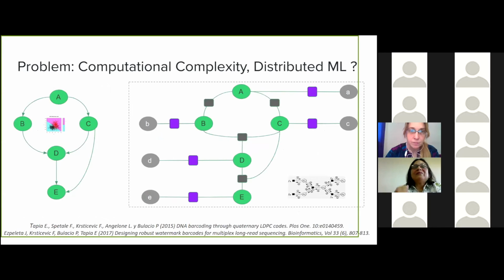Yes, the message passing algorithm in fact behaves well because it is used in telephones.